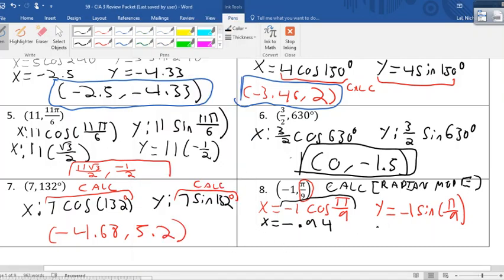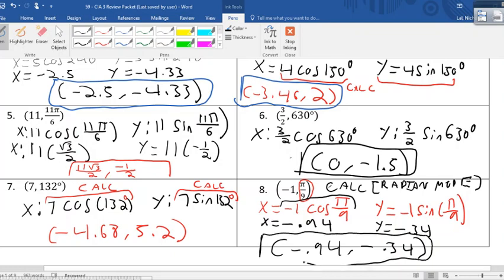So x is going to be negative 0.94, y is going to be equal to negative 0.34. So we're going to get rectangular coordinates of negative 0.94 and negative 0.34. And that is our solution. And that is our video for converting from polar coordinates to rectangular coordinates.